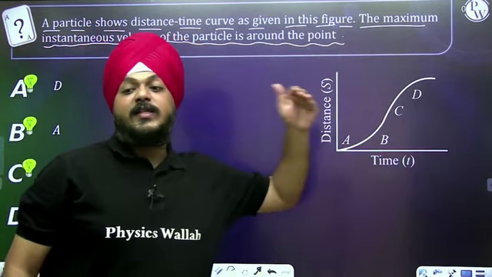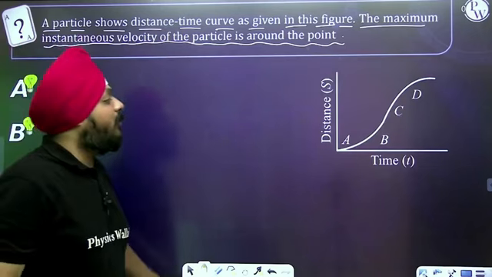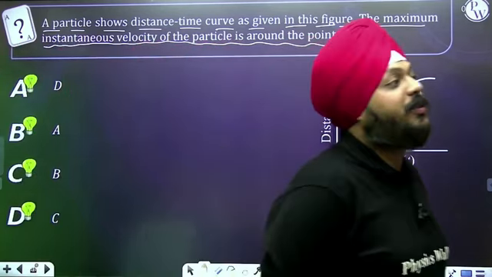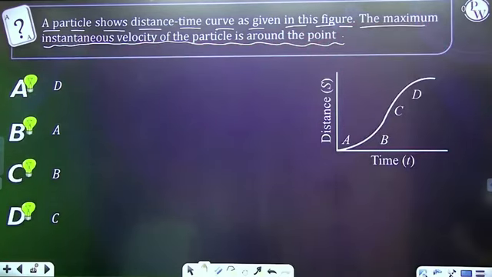Maximum instantaneous velocity. First of all, I'm giving you all 10 seconds to pause this video and try to solve it. 10, 9, 8, 7, 6, 5, 4, 3, 2, 1.